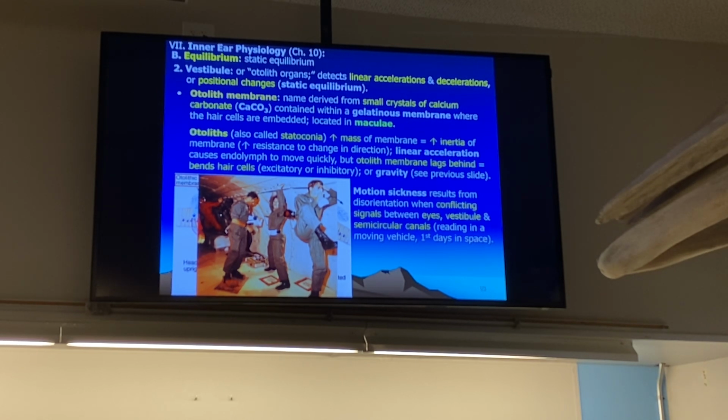Most people are in the middle. These people could be airline pilots, and these people can go on space programs. They're not going to get sick even when they don't have gravity. That's why you can go up in space. Does this make sense? But most people are right here. Okay?